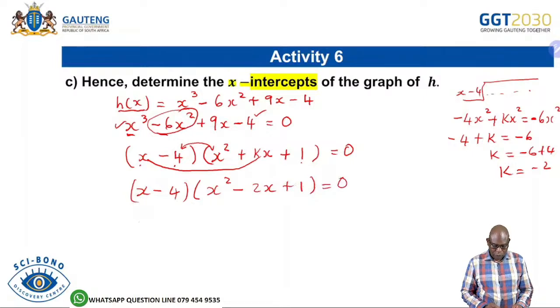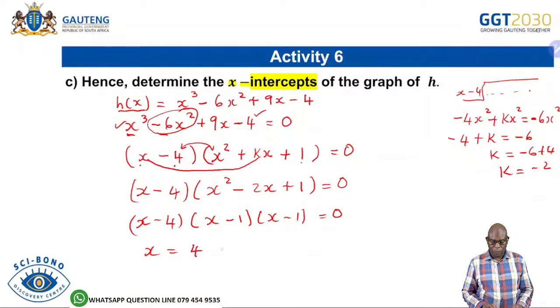So I'm going to write down the values of x. Before I write down the values of x, I can factorize this: x minus 1, x minus 1, equals 0. So I can see the x value will be 4, which I already have in my sketch, or 1, or 1.